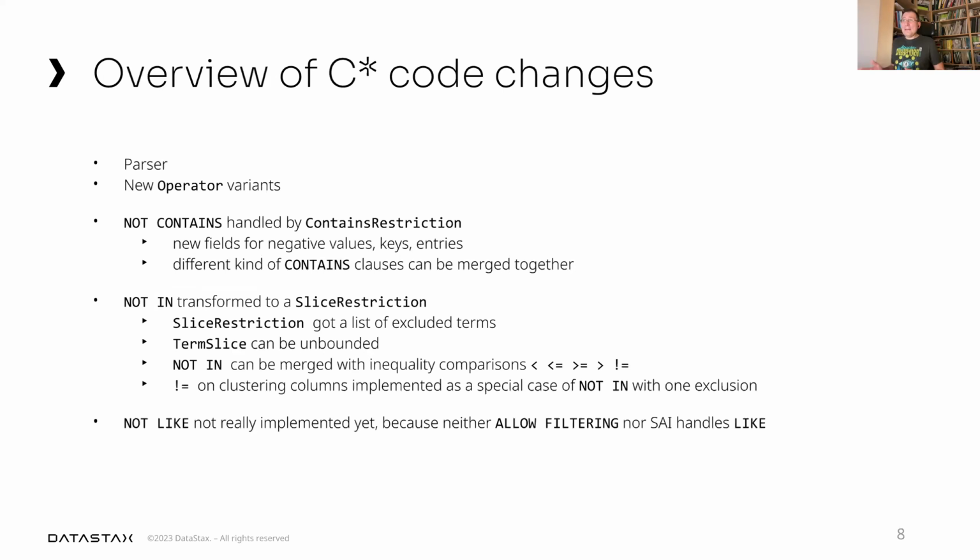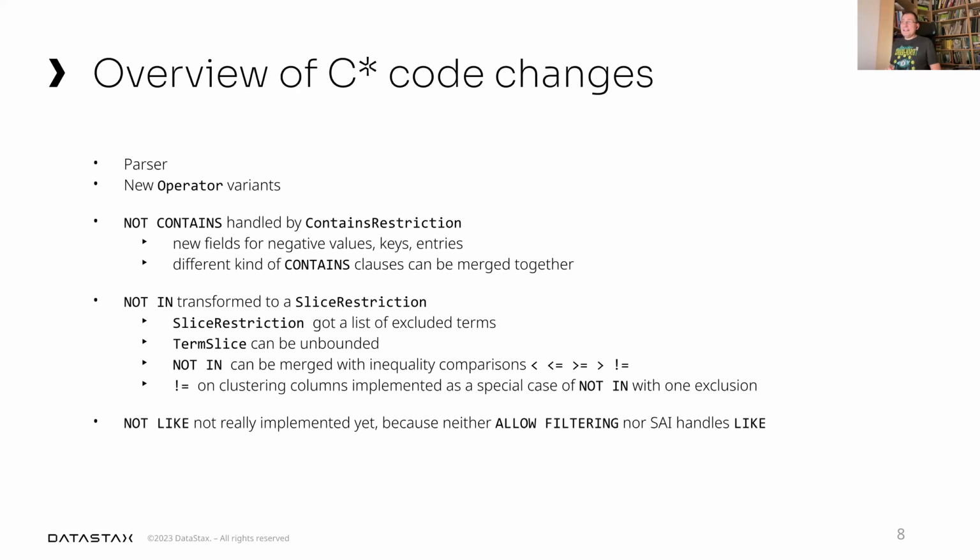So it ended up with a modified parser with new operator variants. But not contains also required some changes in the contains restriction. That was actually easy to find. We need to implement not contains, so maybe there's something that already handles contains. Yeah, there's contains restriction, good name.